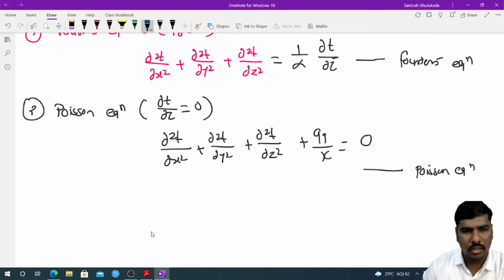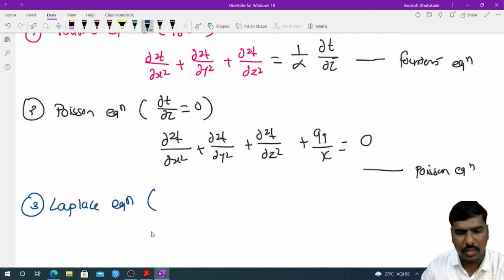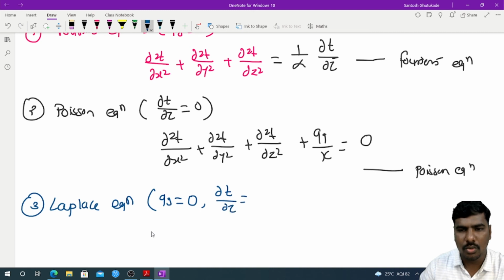And the third equation is Laplace equation. In Laplace equation, we assume there is no internal heat generation, meaning qg is equal to 0, as well as a steady state condition, ∂T/∂tau equal to 0.